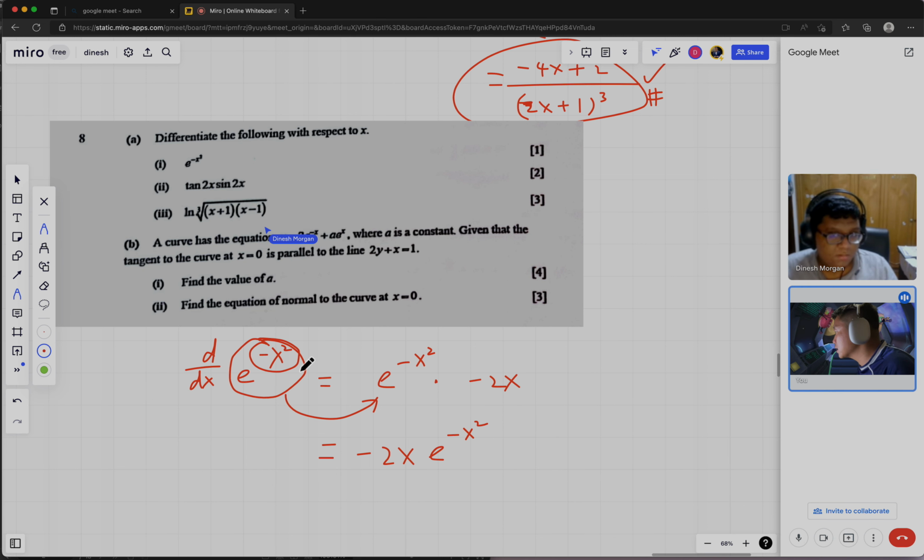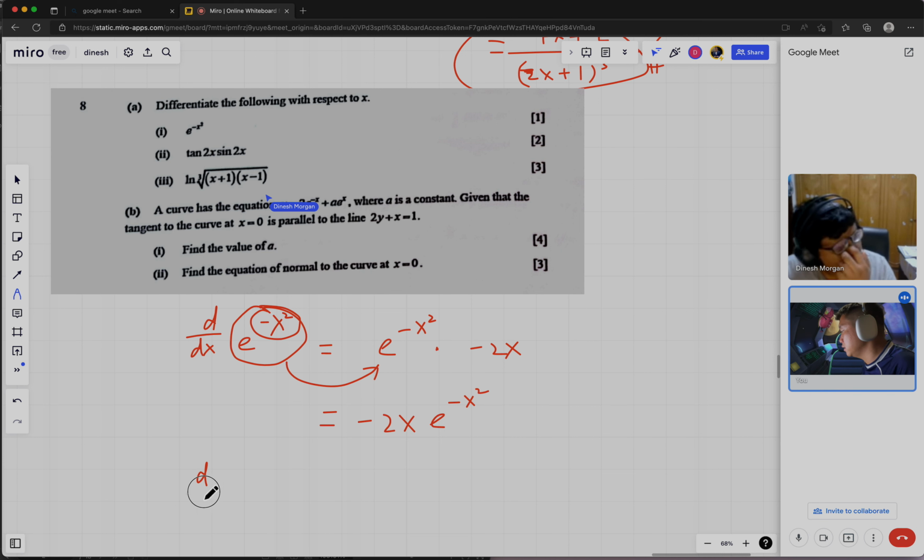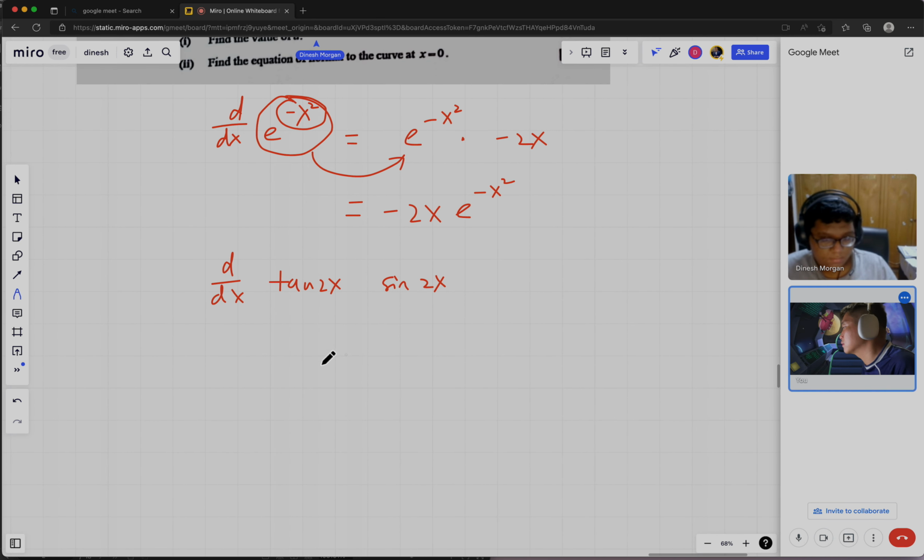Then for the second one, the first one is very clear cut. It's a chain rule. But isn't this a product? Oh, product, yes, sorry. Because it's a product of two terms. That's also one way for you to identify what you need to use.